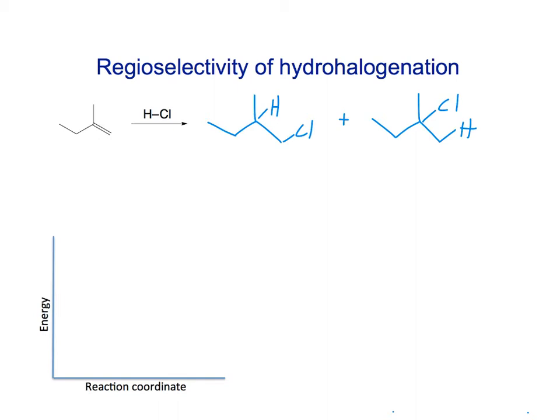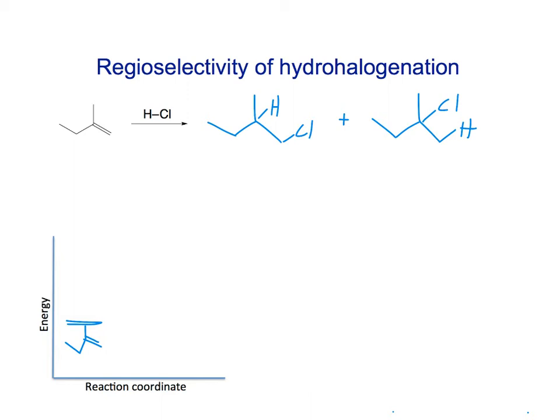Well, not really. Let's see if we can figure out which one of them would be formed as the major product. So let's build our reaction energy diagram. So we have a single reactant, alkene reactant. We're going to do this like we did last time. Here's our reactant. And we know that this reaction is going to proceed through two different carbocations.